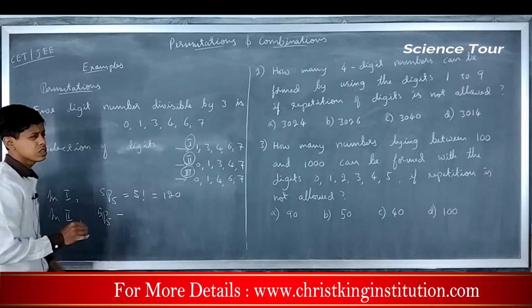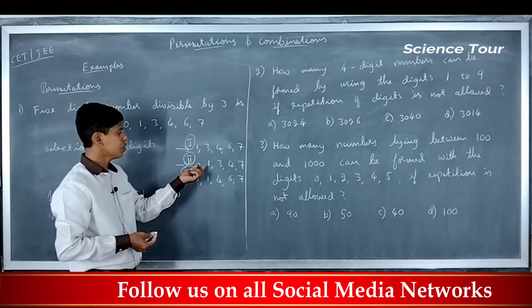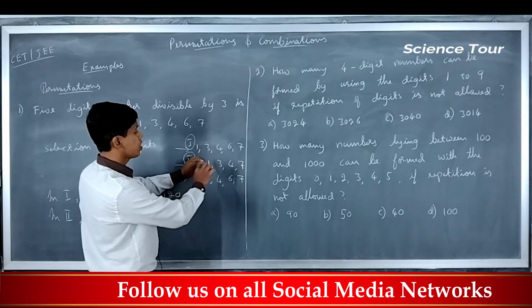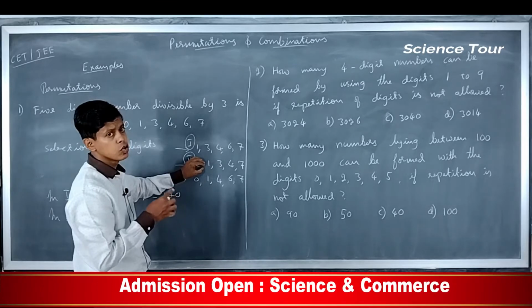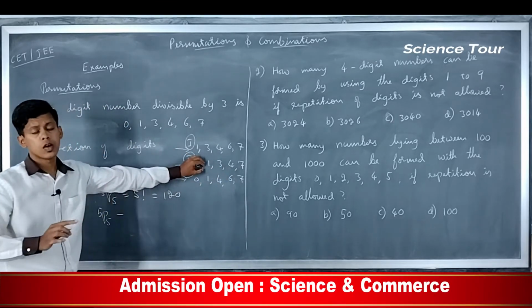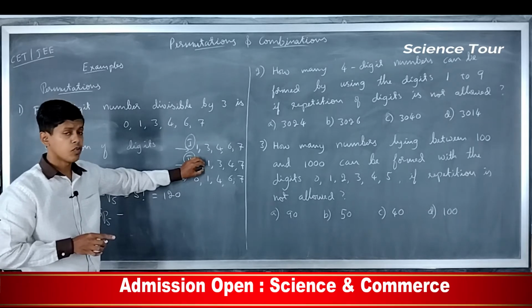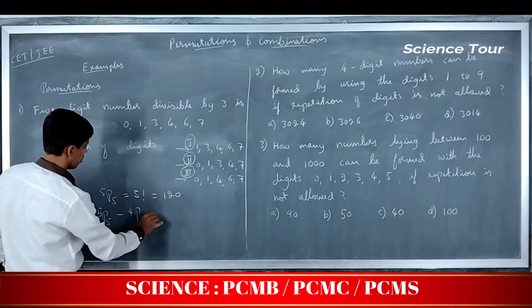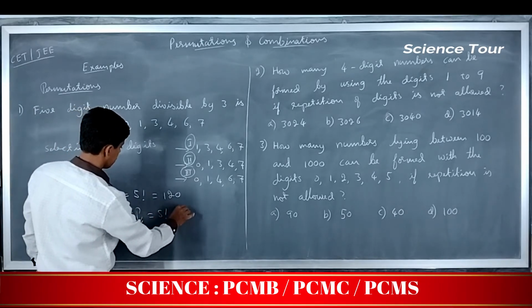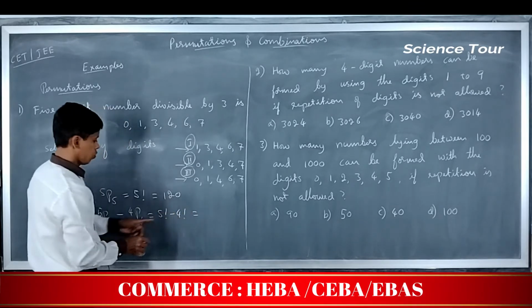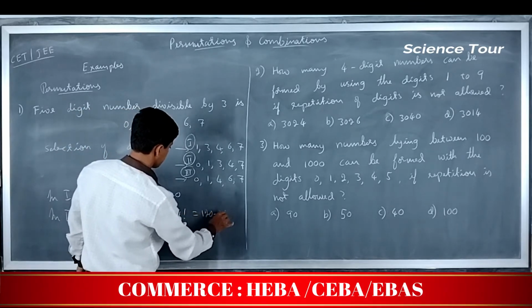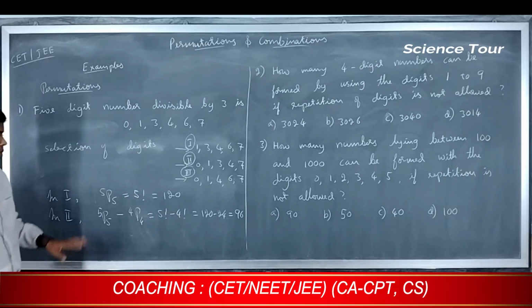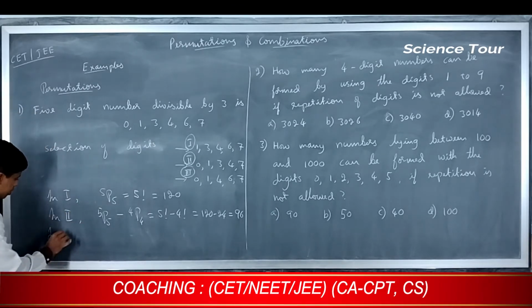Out of this, you have to subtract the numbers starting with 0. That means you fix 0 in the first place, and you have totally 4 places to be arranged. All right. So you have to arrange 4 digits in 4 places. So that is like 4P4. That means 5 factorial minus 4 factorial, 120 minus 24. So that is 96, correct? So next, what about the third case?